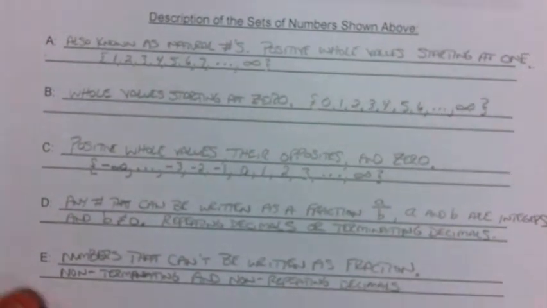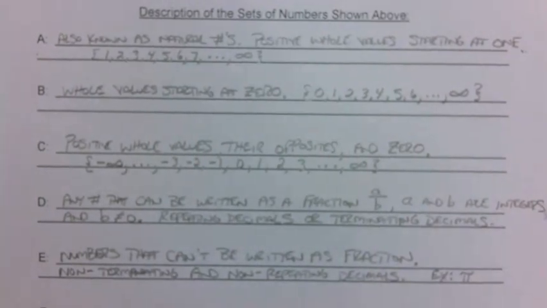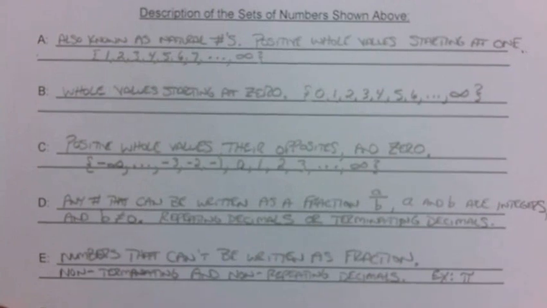Non-terminating and non-repeating decimals. So again, it's a decimal that's going to go on forever, and it's never going to stop. And the most famous example of an irrational number that goes on forever without repeating would be the number pi. Pi goes on forever without repeating, so that would be called an irrational number.